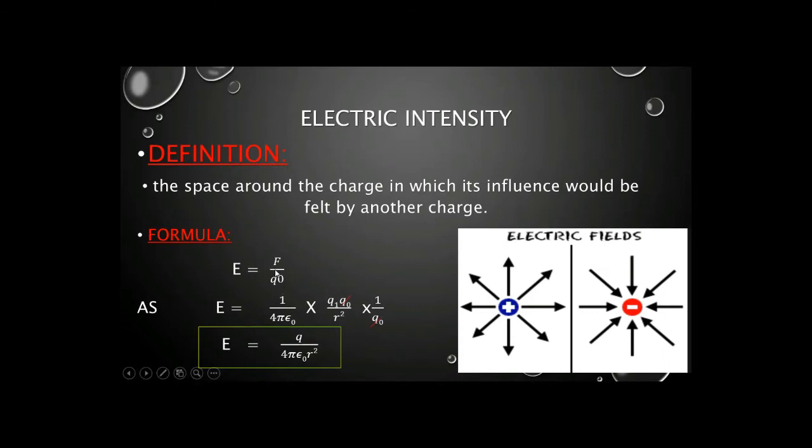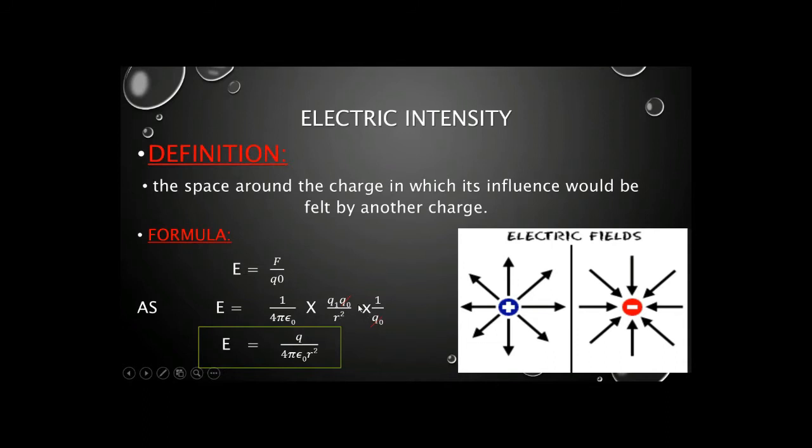And if we replace that electrostatic force by that formula, and 1 over q naught, which is in the denominator, and this is the point charge. Do remember that this is the test charge or the point charge. So that 1 over q naught remains the same. And what we have done in this step is that we replace F by the formula 1 upon 4 pi epsilon into q1 q naught upon r square.